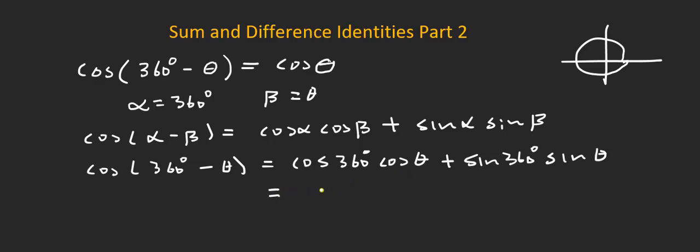So 1 times cosine theta is cosine theta. What about sine 360? Sine 360 is the same thing as sine of 0, because 0 and 360 are coterminal angles. And 0 times sine theta will be 0. So we proved that this is equal to cosine of theta.